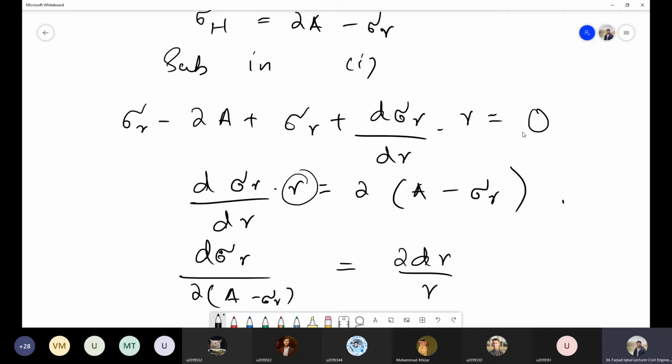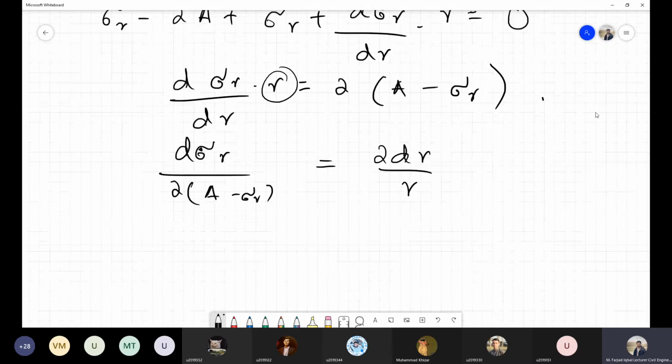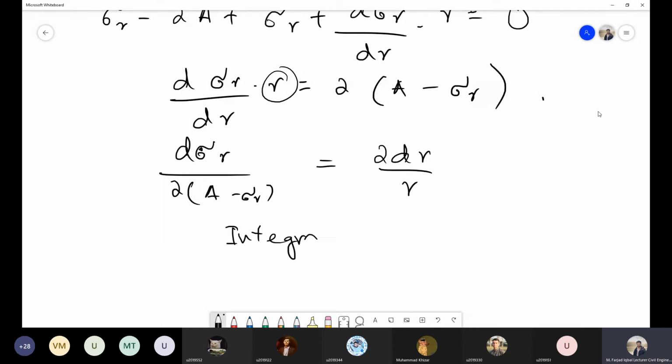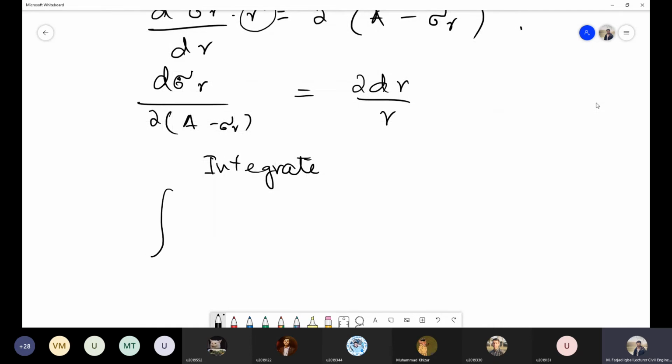I have just kept these two derivatives together. Now, since we did this derivation for a differential element, if I want to extend it over the whole area, then I have to integrate this equation. Once I do that, I am going to get a generalized equation for the whole cylindrical element.